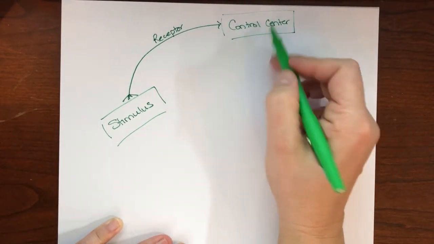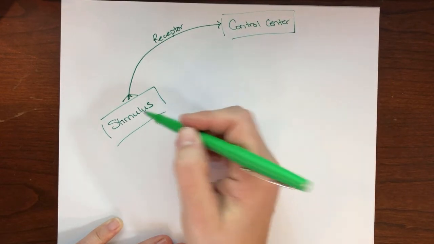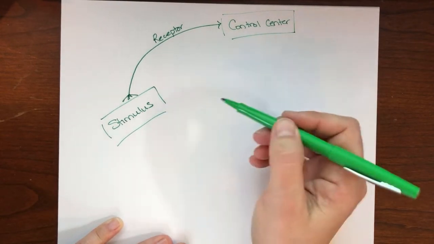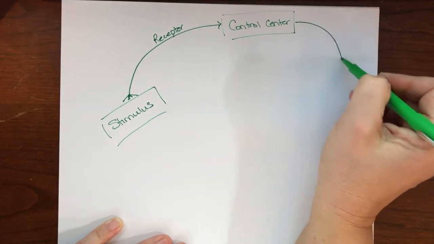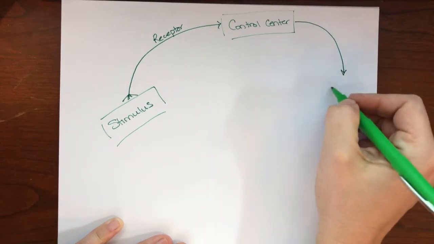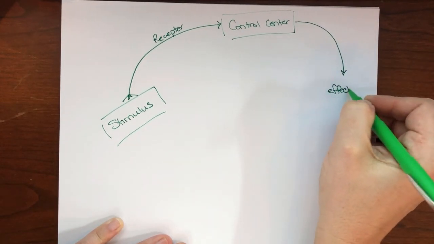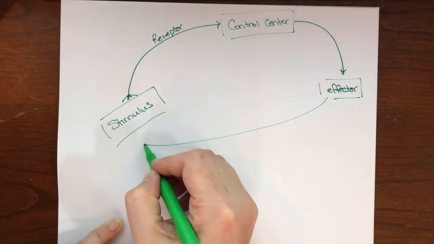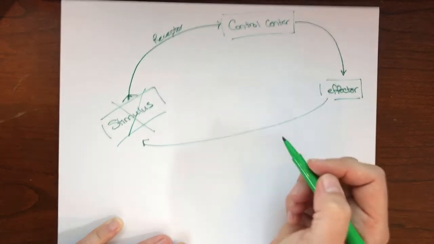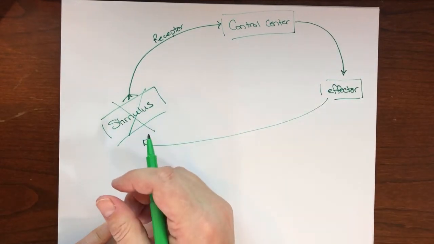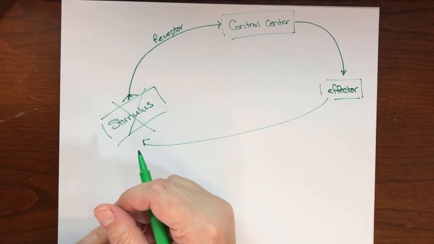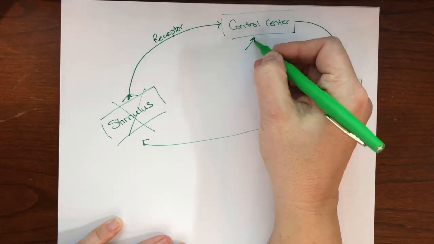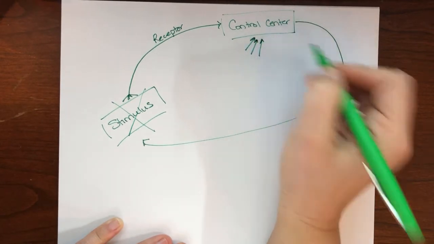The control center will make some kind of judgment about whether the stimulus is enough and what to do about it, and will send out instructions to an effector. And in negative feedback, the effector will go and do something to get rid of this stimulus and bring the body back into equilibrium.